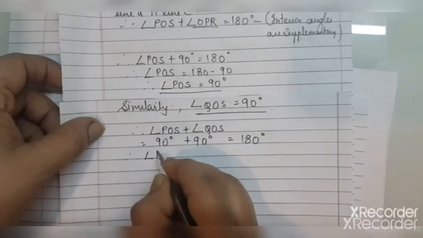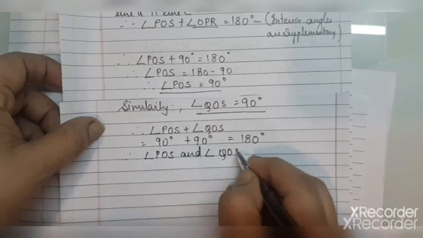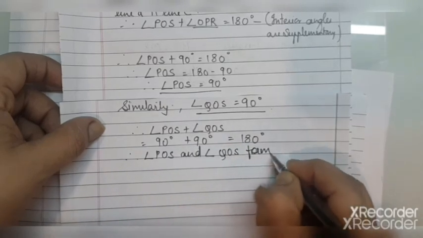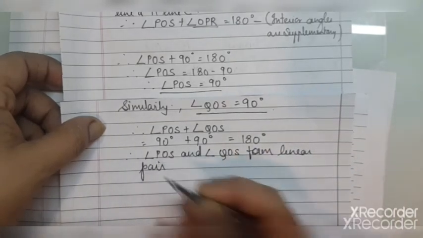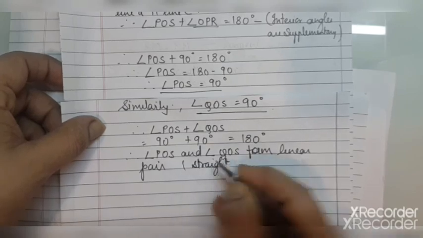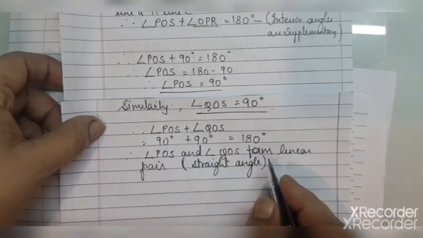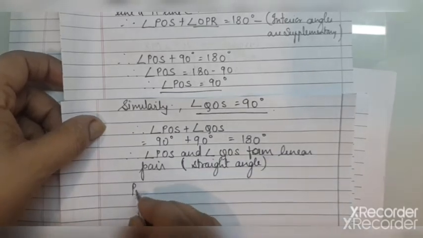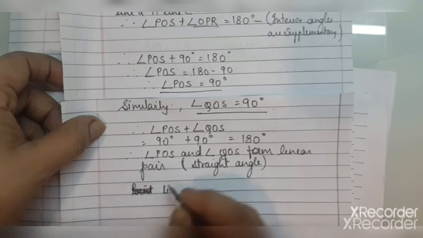Therefore angle POS and angle QOS form a linear pair, which we call the straight angle. And if they are the straight angle, then we can write first about opposite rays.